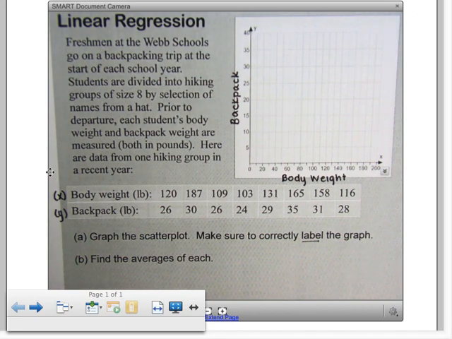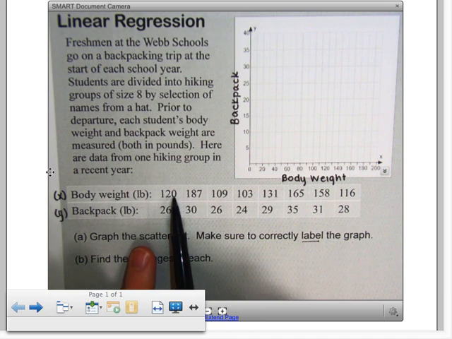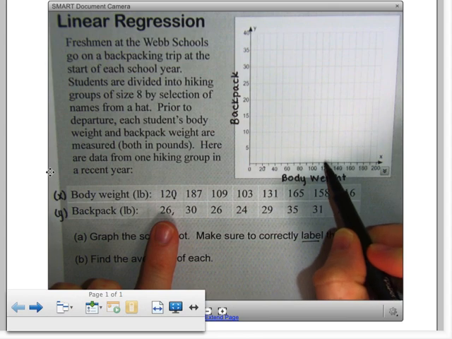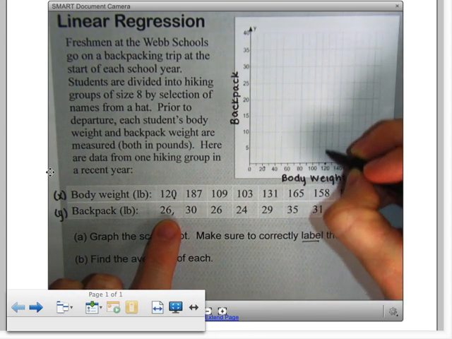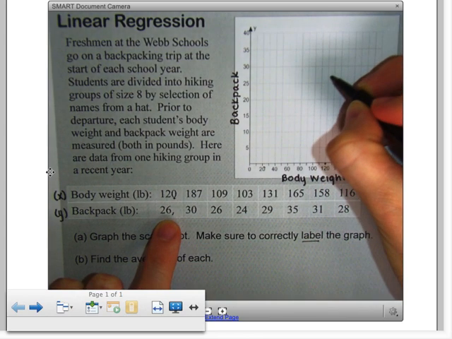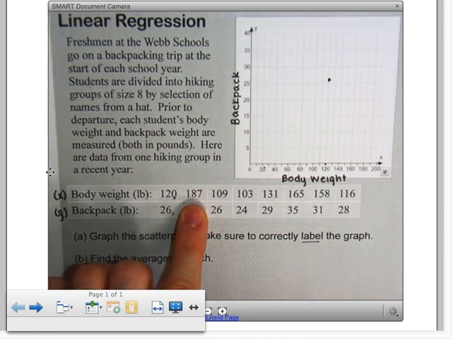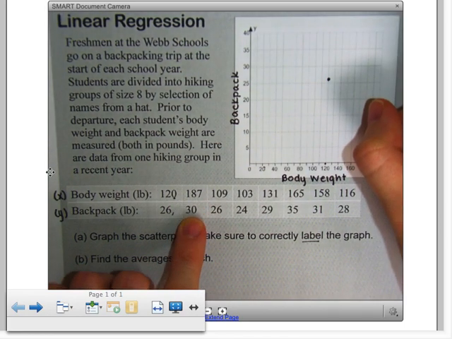Okay, so when we're graphing this, we're just graphing it like a standard coordinate point. So the first point, X is 120, Y would be a 26. So I'm going to go to 120 for X, Y was 26, so I'm going to go up to 26, and I'm going to make a little point. So the next point, X is 187, and then Y is 30.